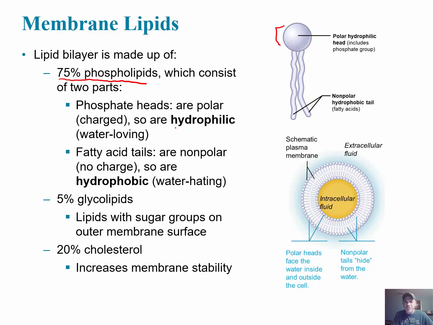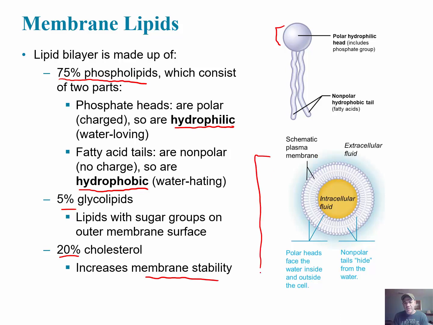The heads are referred to as hydrophilic, which means loving water, and the fatty acid tails are nonpolar, and that means they're hydrophobic, or water-fearing. 5% of the lipids are going to be glycolipids, which have those sugars emerging out at the surface. And then about 20% is cholesterol, though that can be variable, and that helps improve membrane stability.